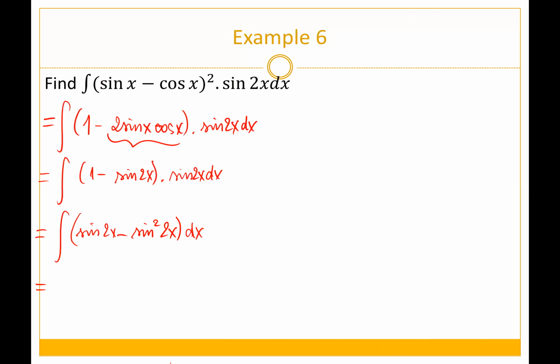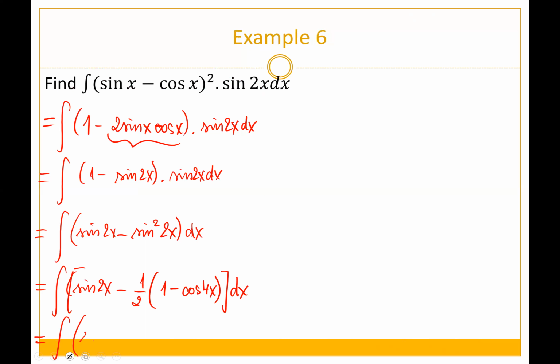So using the double angle formula, it's going to give us sine 2x minus 1/2 of 1 minus cosine 4x dx. And so this problem can be solved easily by solving each of them individually. First I'm going to simplify the algebra. So you have negative half plus half cosine 4x dx.